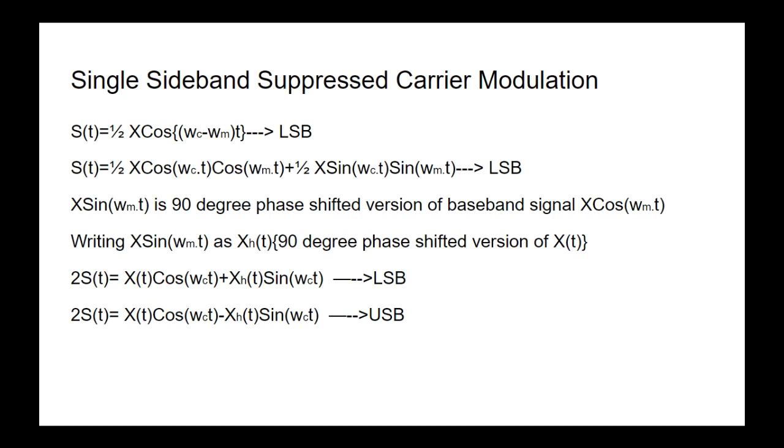That is for the lower sideband suppressed carrier modulated signal. For the upper sideband suppressed carrier modulated signal, we will get 2s(t) = x(t) cos ω_c t minus x_h(t) sin ω_c t.